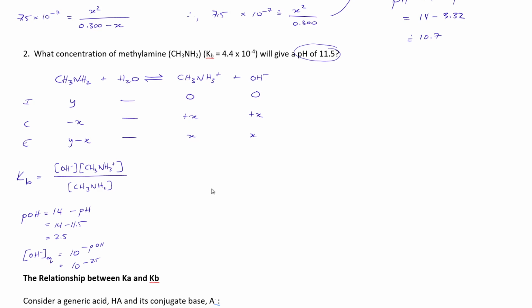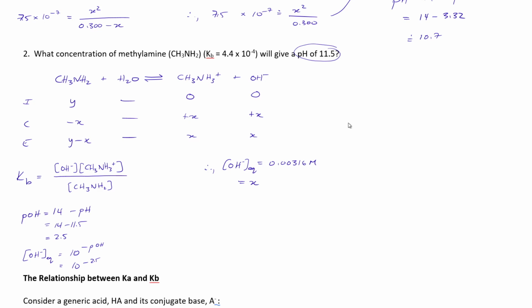So the concentration of OH minus at equilibrium is equal to 0.00316 molar, and recall that this is equal to X. Now that I have my X value, I can go back up and calculate.